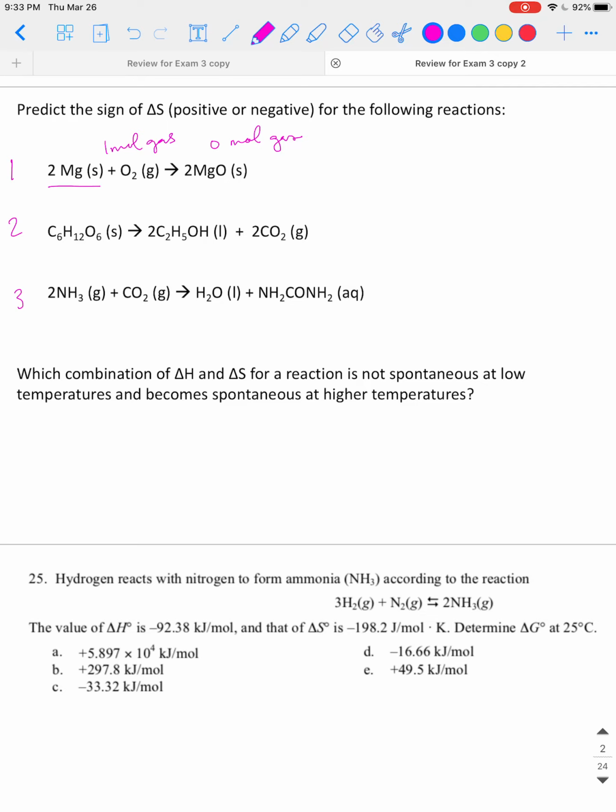Okay, so 2 moles of solid does not change, but what does change is that we go from 1 mole of gas on the reactant side to 0 moles of gas on the product side. So disorder here is decreasing. We're becoming more ordered, because we go from 1 mole of gas to 0 moles of gas, so delta S is negative. Disorder is decreasing. Order is increasing.